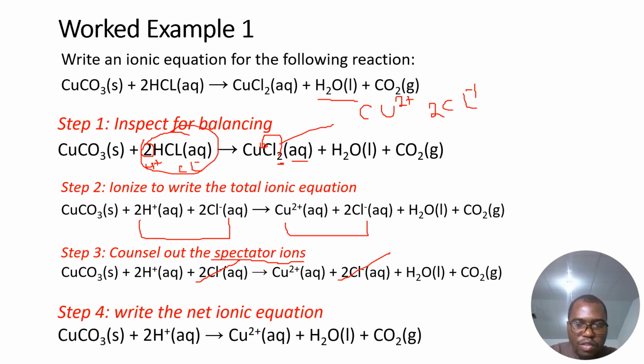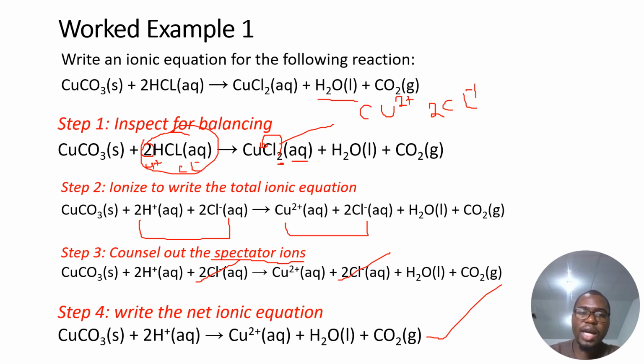So you can see we've removed the 2Cl- here. We have only remained with CuCO3, 2H+ (aq). Then on this side also we've removed this one. Only these are remaining. So this one is now the net ionic equation. That is how we write the net ionic equation. And please check through, make sure that it makes sense.